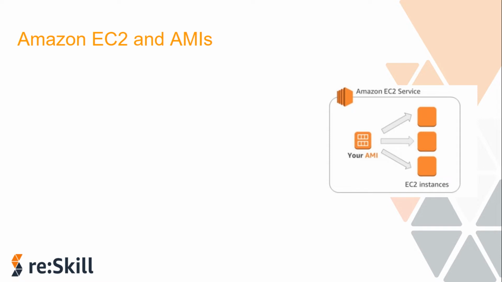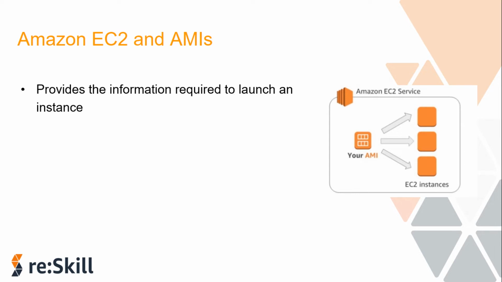So till now we have understood a few things about EC2 instances. Let's now understand how we exactly launch an EC2 instance. In the launch process of an EC2 instance, the first step is to select an AMI. AMI stands for Amazon Machine Image, which provides the information that is required to launch an EC2 instance.